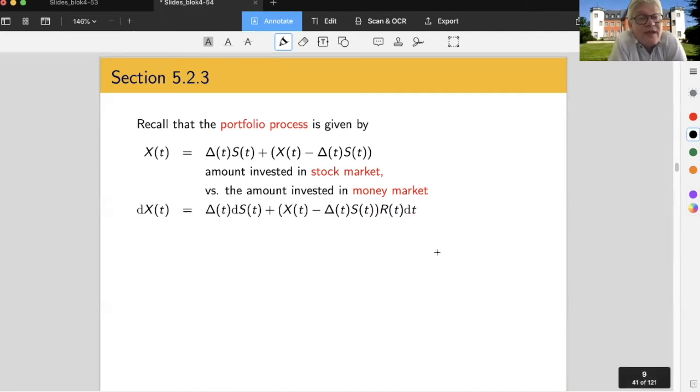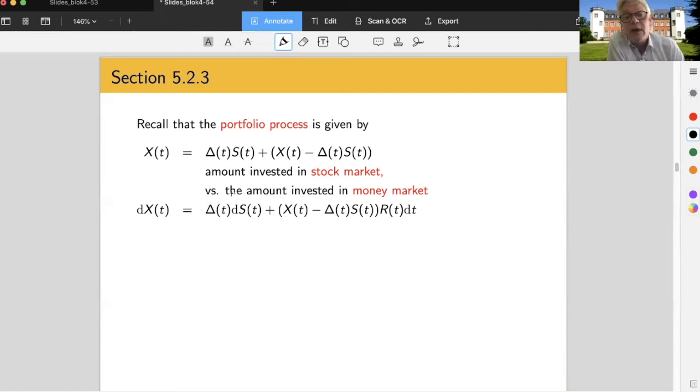And we also have the dynamics for the portfolio process X. Those are written down as dX_t, and dX_t is Delta_t dS_t. Delta_t is a time-dependent number of stocks. Delta_t dS_t, and the remaining part is invested in the money market, so X_t minus Delta_t S_t times r dt.